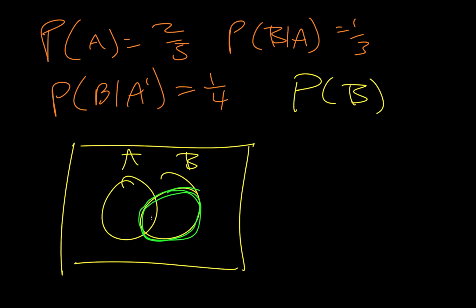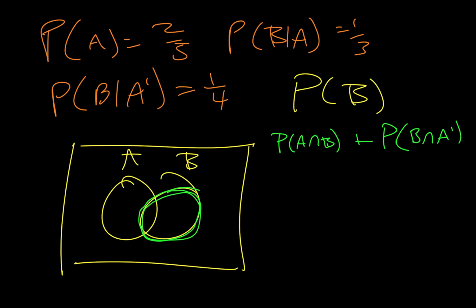We need to find the intersection of A and B, and then we need to find the probability of the intersection of B and not A. Okay, if we add both those together, we get the entire circle.